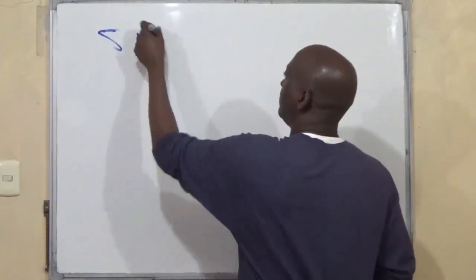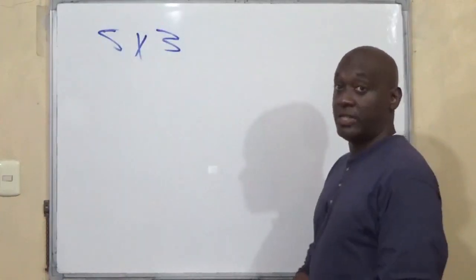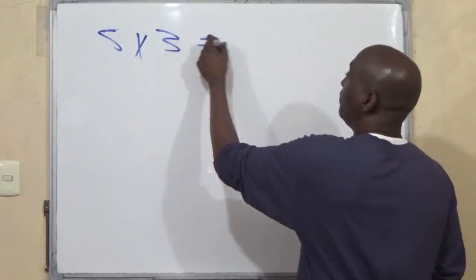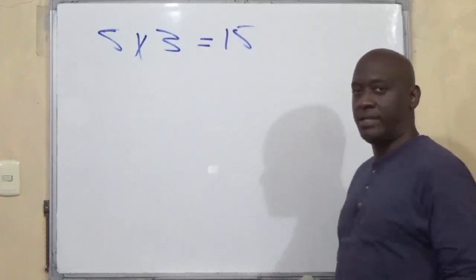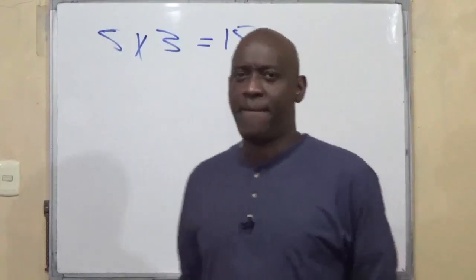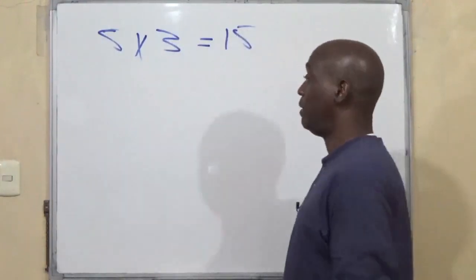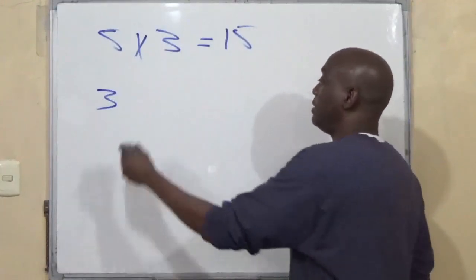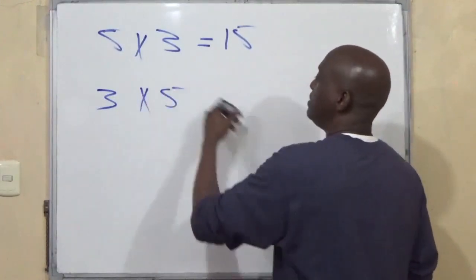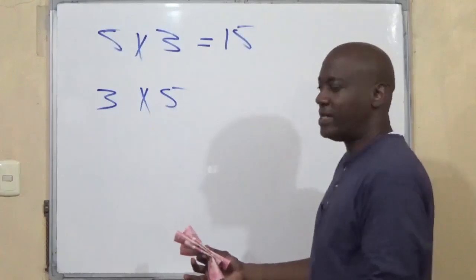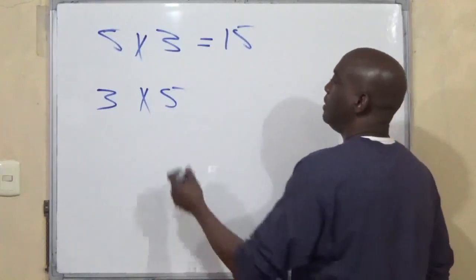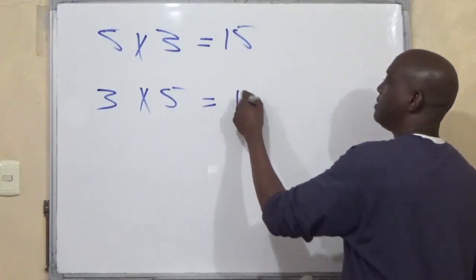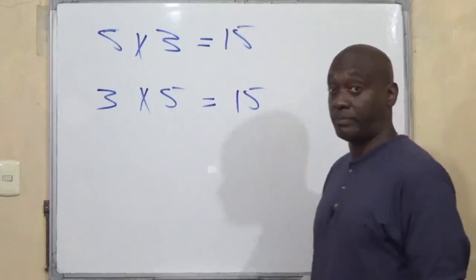And each word has $3. And when we count them all together, we expect to get $15. Or we have $3 in each word, and we have 5 words of bills. The 3 by 5 is the same 15.